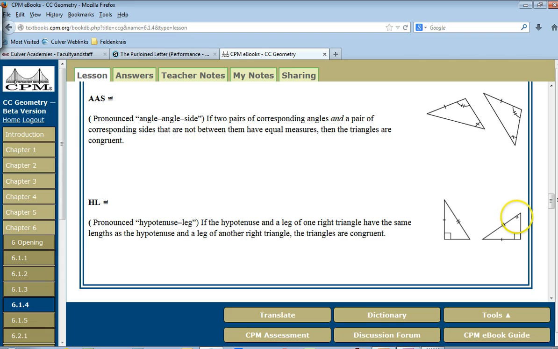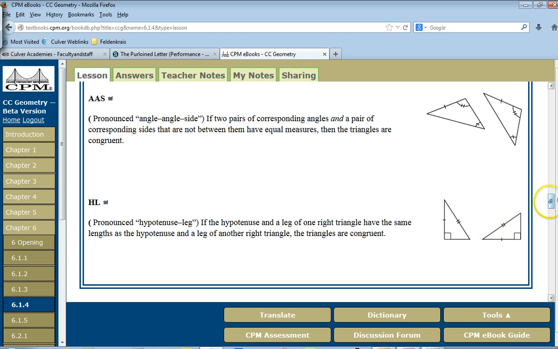Now notice that this is the one case where side-side-angle works. When the angle is a 90-degree angle, there's only one possible triangle here, even when this angle doesn't lock the two sides in place.